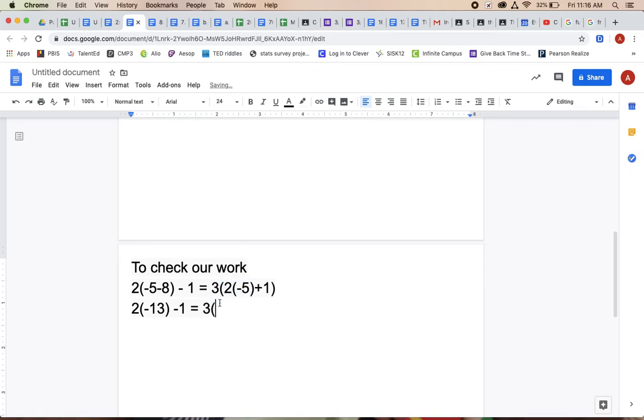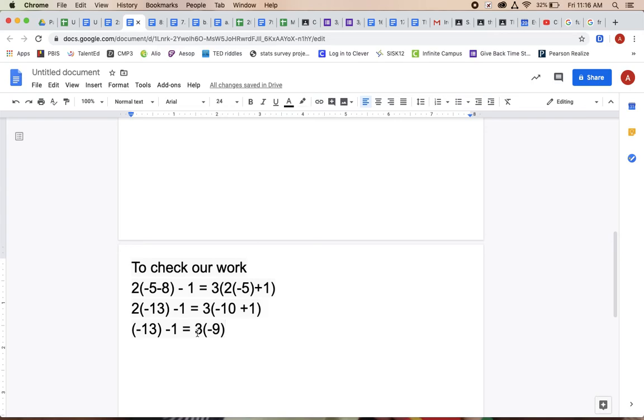So 2 times negative 5 is negative 10 plus 1. Then I have to continue with that parenthesis. I'm not done. I have negative $10, and then I found $1, which still leaves me in debt, but only $9 in debt.